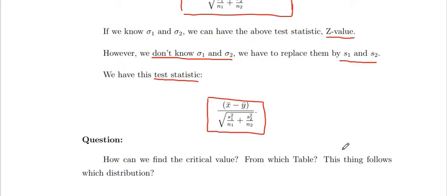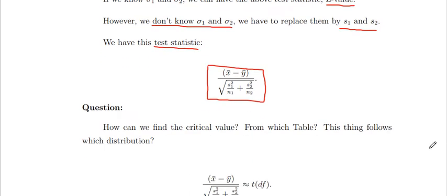So we need to find a p-value, or we need to check a critical value. But here we have a question of which table we should check, Z table or T table. So here we have this big question. Z table or T table depends on which distribution these things follow.